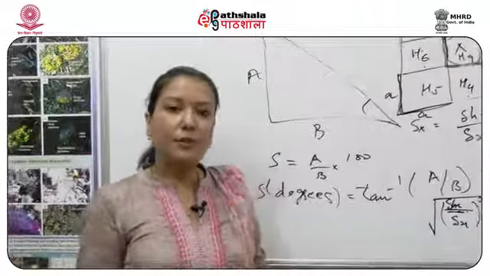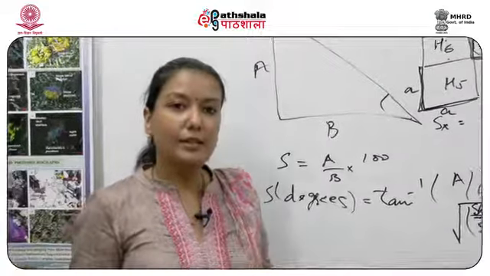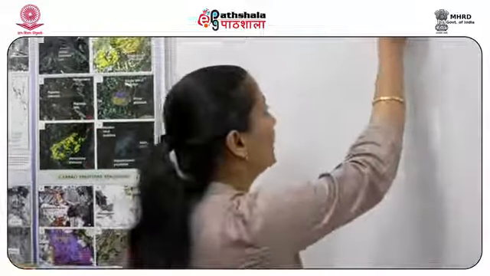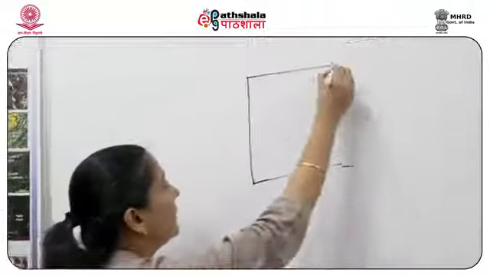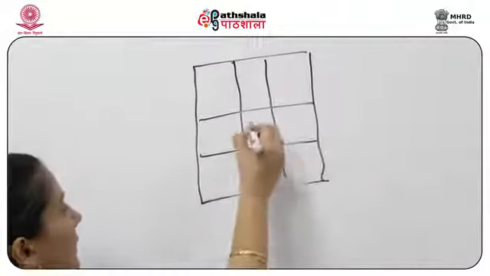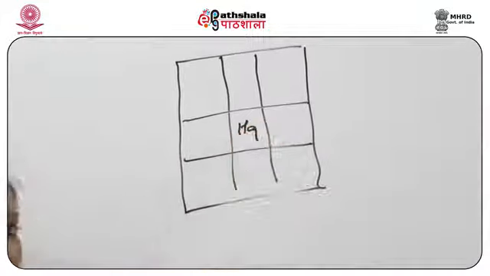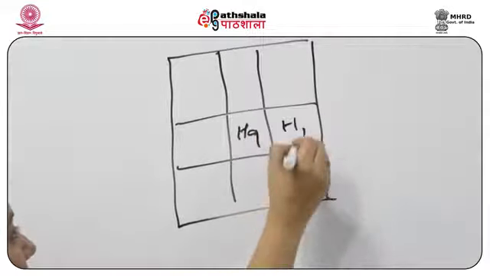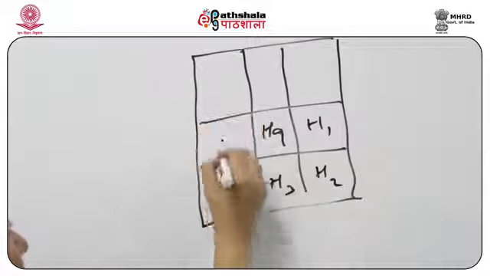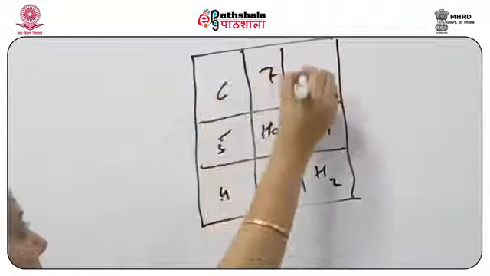Now we will talk about how to calculate the aspect of the same raster cell. The way we calculated the slope for the raster data, we can also calculate the aspect in a similar way. For example, again we have that same raster here with 9 cells, and this is the cell for which we need to calculate the aspect, and this represents 1, 2, 3, 4, 5, 6, 7 and 8.